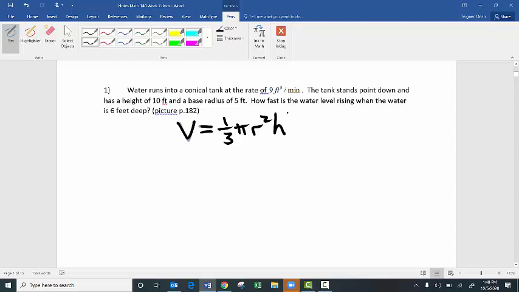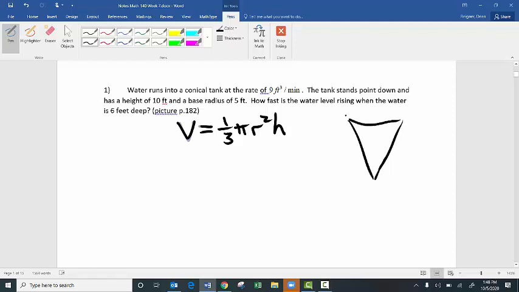So now this is the hard part about the problem, finding out what the different things are in the problem. So all of these problems, things are going to be changing. In this case, water's running into the tank. So this is a conical tank.